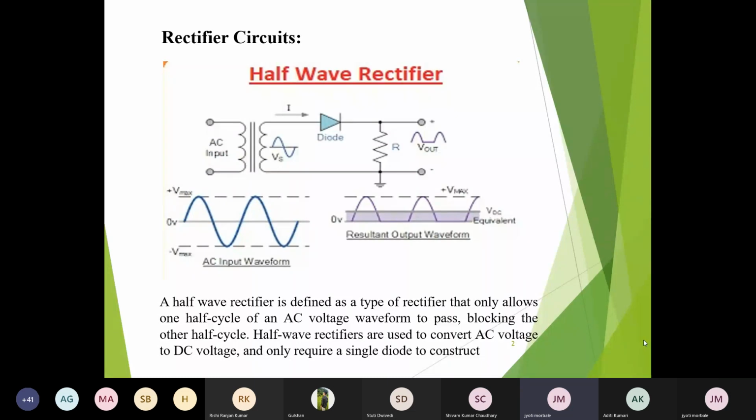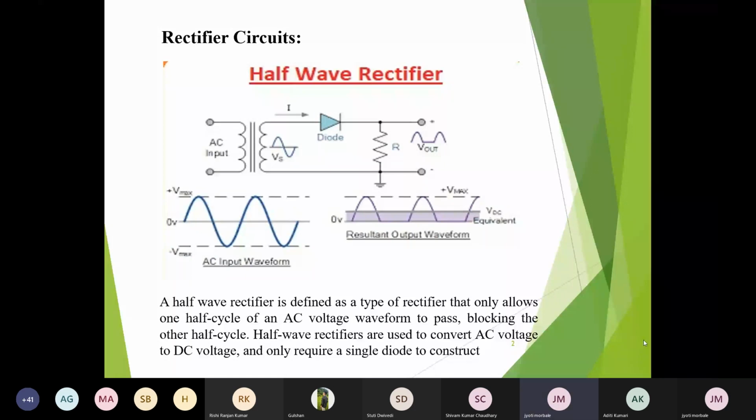So in the reverse bias state, the voltage across the load resistor is equal to 0 for the pi to 2 pi negative half cycle. Now to sum up, when the input voltage is going through the positive half cycle, the load resistor will get the positive half cycle, and when the negative half cycle appears, the output voltage is 0.